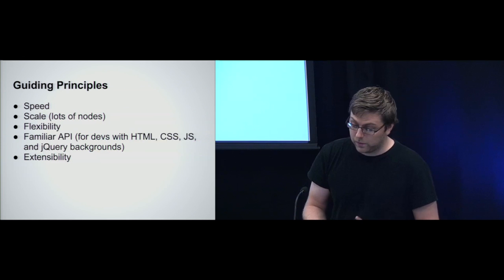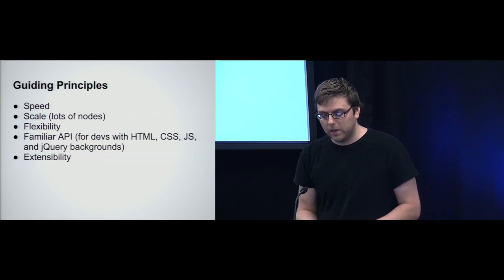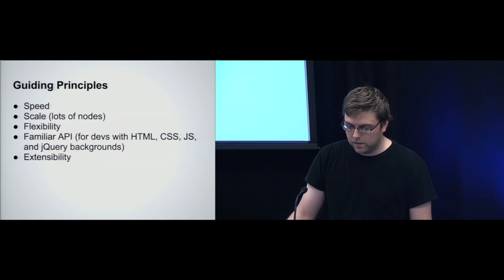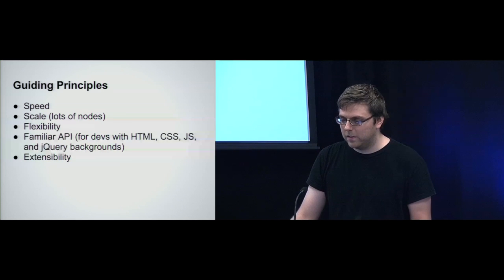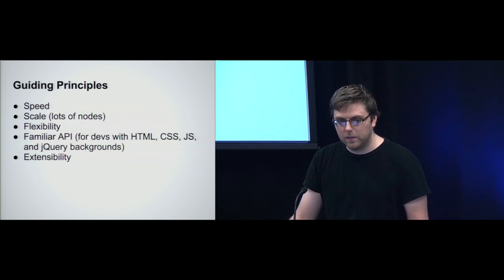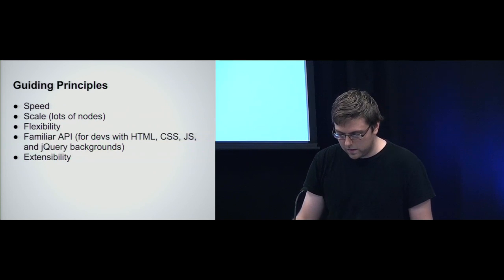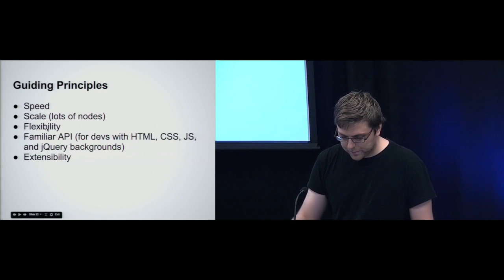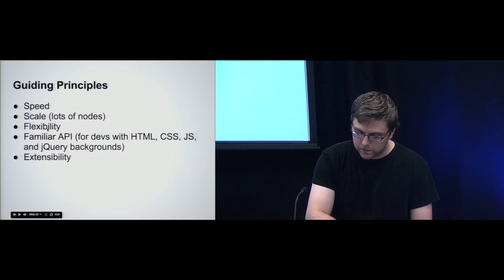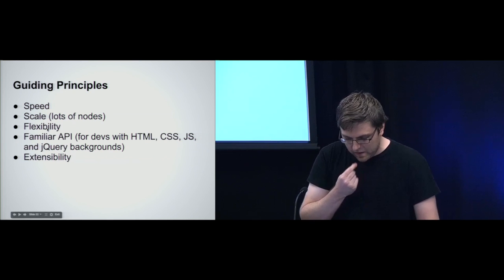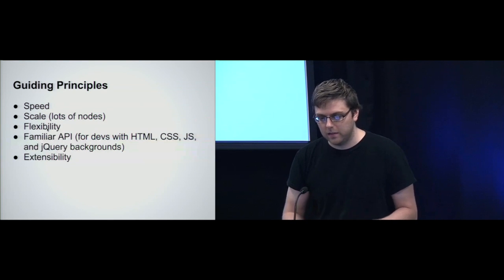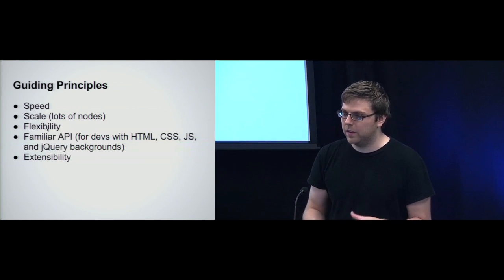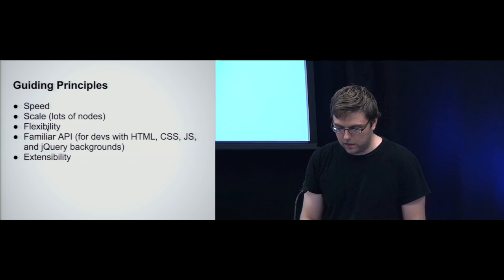So yeah, speed. Scale kind of goes along with speed. I want to be able to have applications with 20,000, 100,000, a million nodes in the client. Flexibility: Kinetic.js is extremely flexible. Every single thing you create, you can mix and match different config options and it just works.